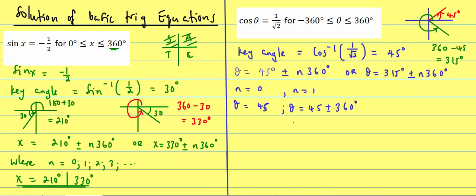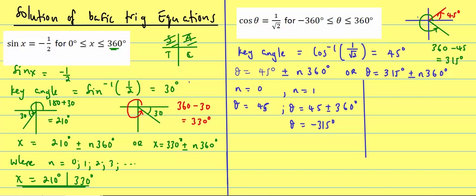So I'll get two answers there. So theta is going to be equal to minus 315 degrees. If I say 45 minus 360, the other solution of 405 degrees is going to be outside the required range. Now let's look for solutions in the second general solution.